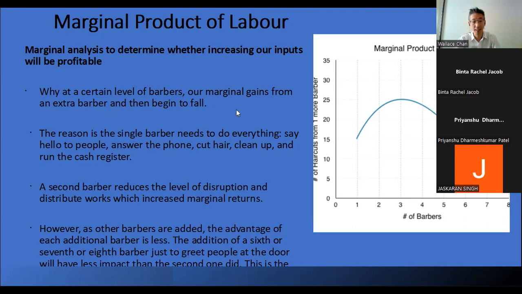Now, can anyone guess why? Isn't that supposed to be the more people to work, the better? But how come if you keep increasing the number of barbers, the marginal product, that means the contribution of the new barber, the additional barber, actually drops?